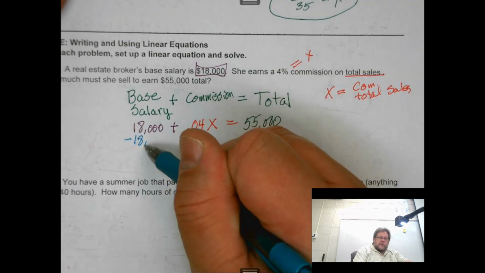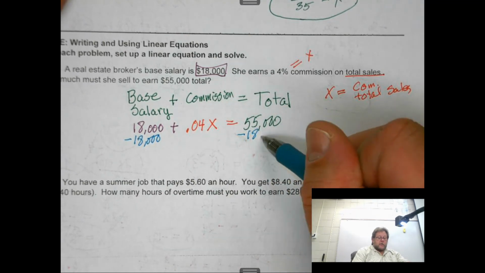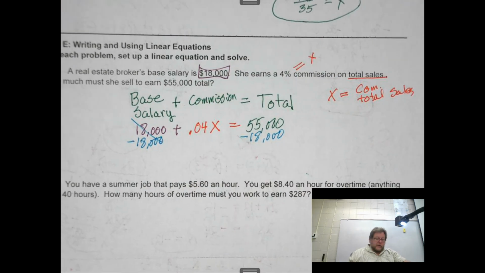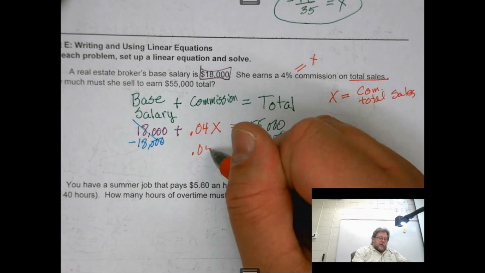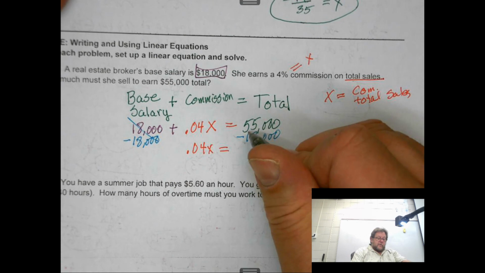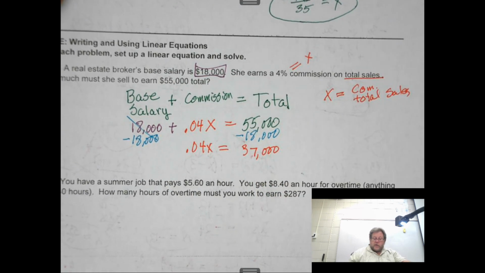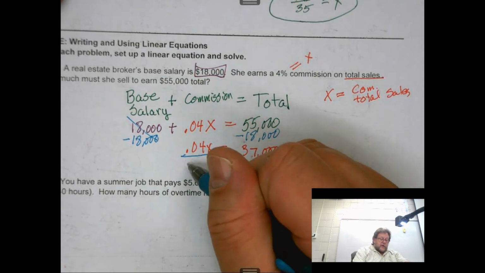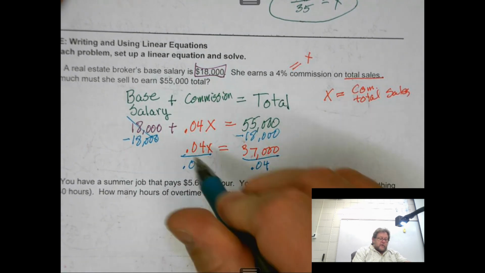It's a decimal, it's okay. I'm going to have to use a calculator. Brain's not working that great. So I've got 37,000 divided by 0.04, and that gives me $925,000. So she's got to sell quite a bit. She's got to sell $925,000 worth of houses and stuff.